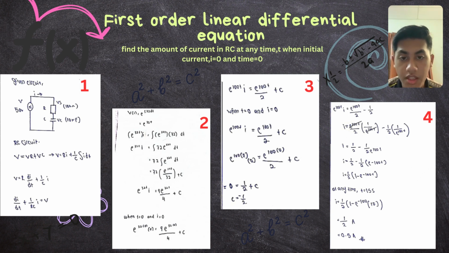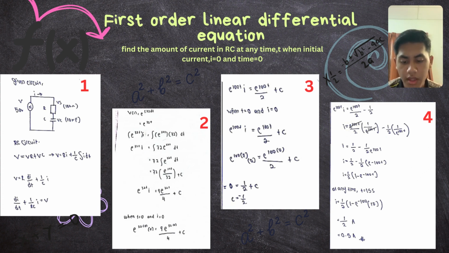So we get di/dt plus 100I equals 50. Next, P(t) equals 100, and P(t) is a resistance. Next, Q(t) equals 50. Q(t) is the voltage. So the integrating factor is e to the power integral of 100 dt, and the answer is e to the power 100t.